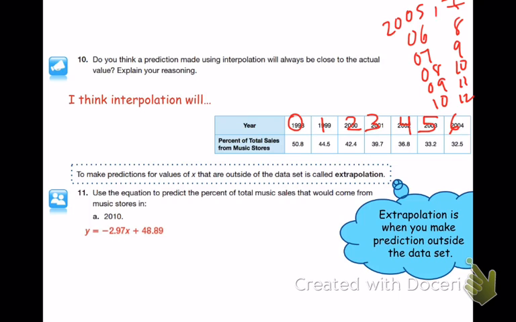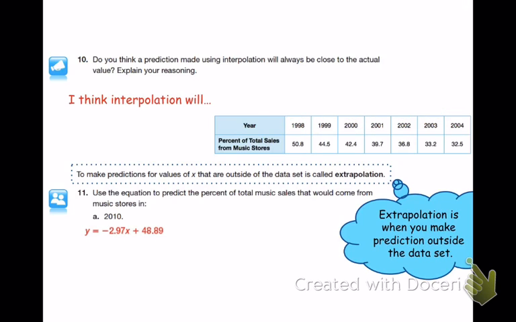Let me write a line here just to separate it. We're going to be substituting x for 12, because 12 years after 98 is when 2010 will be. So let's plug in x equal to 12, multiply negative 2.97 times 12, and then combine it with 48.89. The prediction is 13.25, and it's in percents.